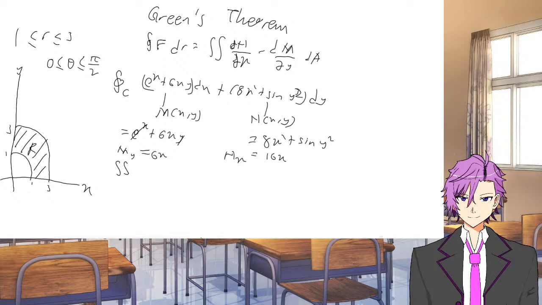But before that, let's just say that x is equals to r cosine theta, y is equals to r sine theta. So this would be 16x minus 6x. This would be dA. This would be equals to the integral with respect to the region, 10x dA.